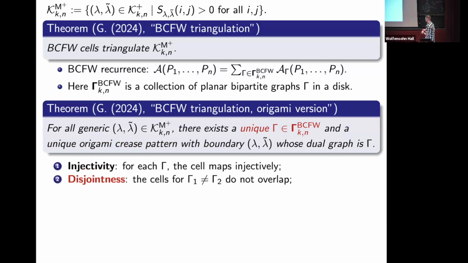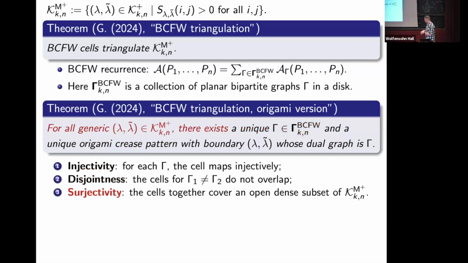And this corresponds to gamma being unique. And finally, there is surjectivity, that there are no holes in this picture. Right? That the different pieces cover the entire Mandelstam positive region without any holes. And that is mentioned here because for each generic point, there is some piece that covers it.